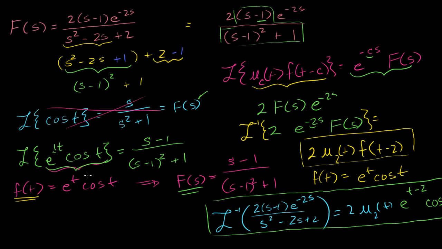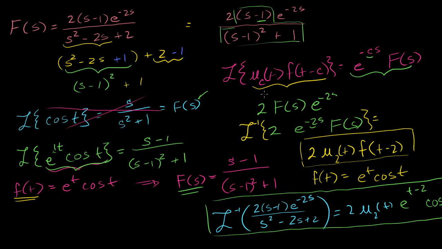I redefined f of t to be this, f of s to be this, and said, gee, if f of s is this, and if I'm multiplying it times e to the minus 2s, then what I'm essentially doing is fitting this pattern right here. And so the answer to my problem is going to be the unit step function. I just throw the 2 out there.